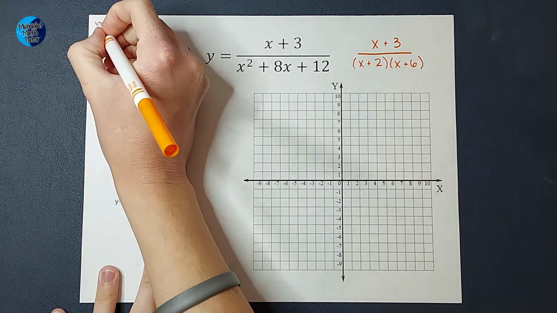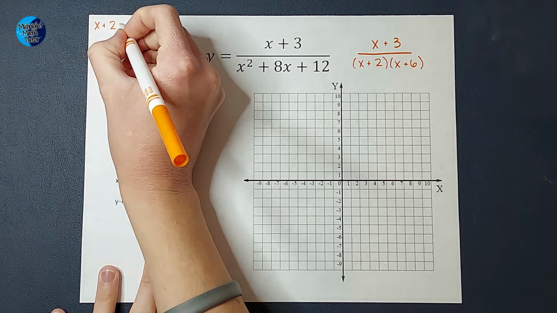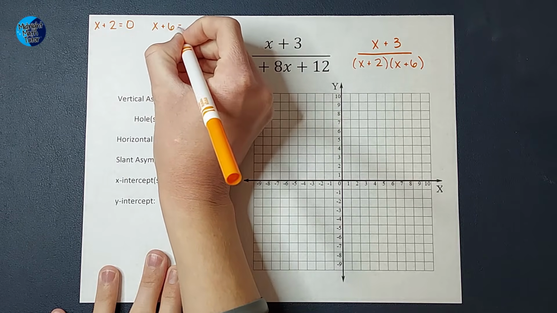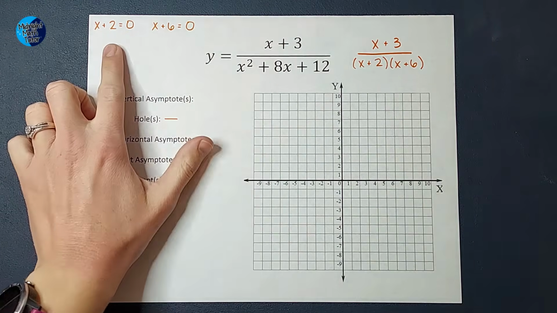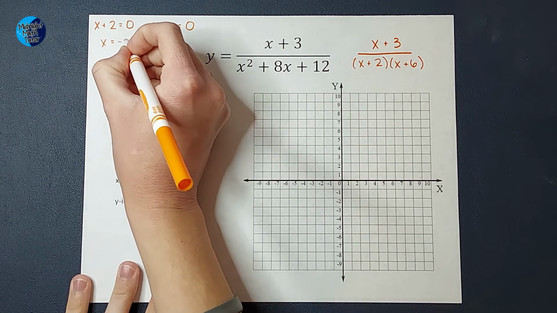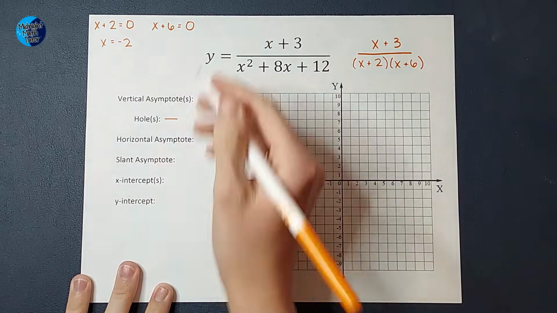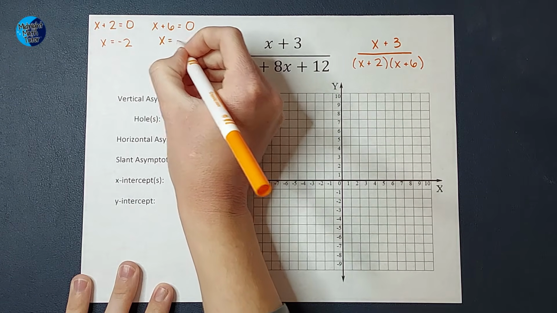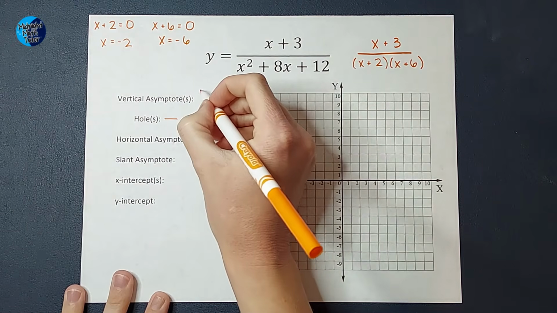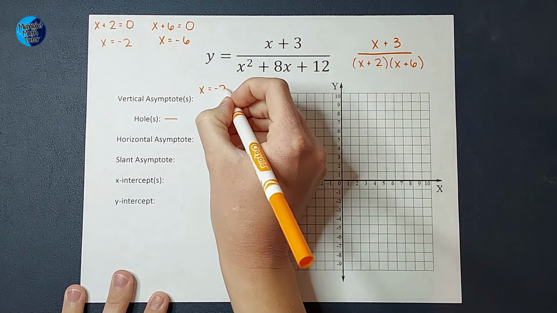So I'm going to have x plus 2 equals 0 and x plus 6 equals 0. All right, so to solve this, I would subtract 2 from both sides and get x equals negative 2. This one, I would subtract 6 from both sides and get x equals negative 6. So those are my 2 vertical asymptotes.